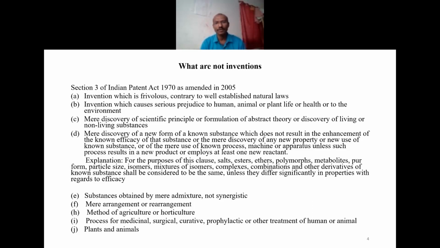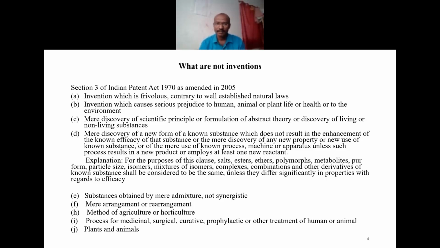Now what innovator companies do is that they come up with a particular compound, and that compound gives them protection for 20 years. Then again they come up with different appendages, like they will come up with its salt form, and again they will get a patent for its novel salt form.